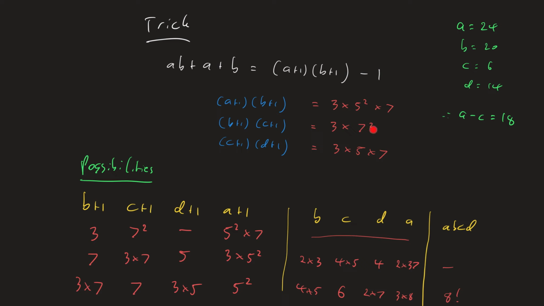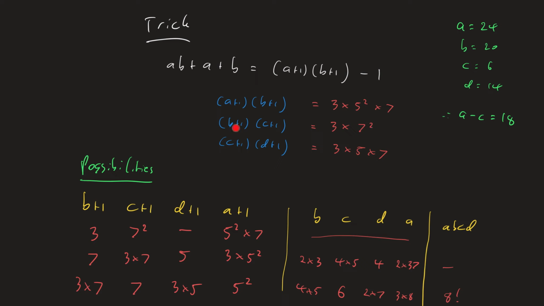Looking at the second line, we have got 3 factors, 3 times 7 times 7. So therefore, there are 3 possibilities. B plus 1, it could be 3, it could be 7, or it could be 3 times 7.